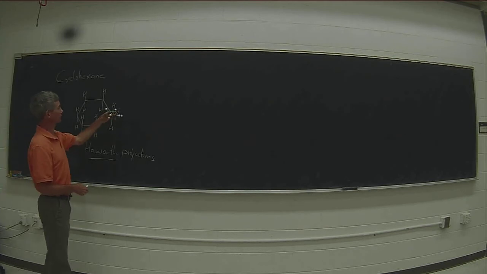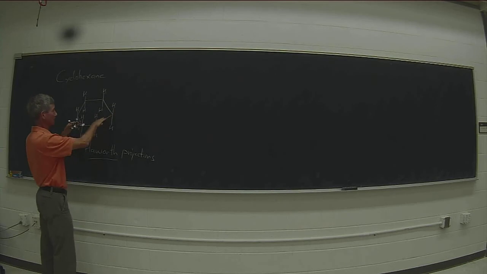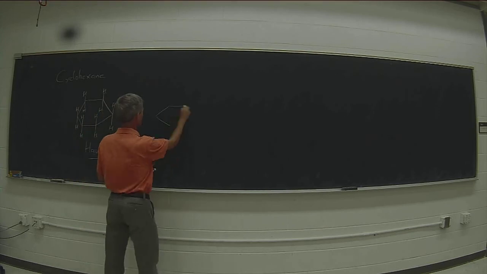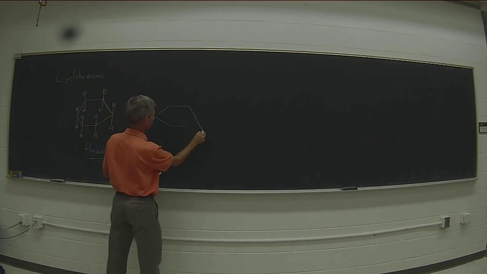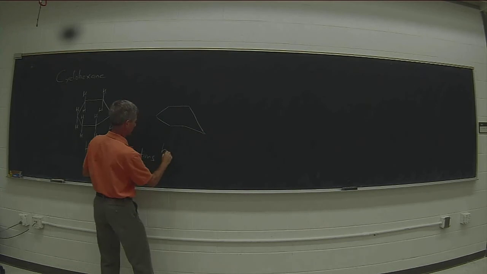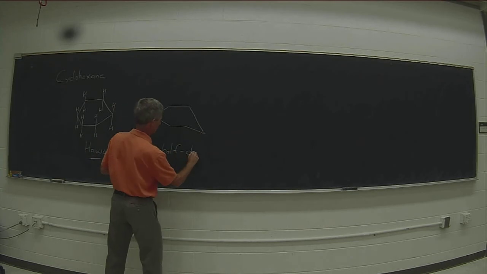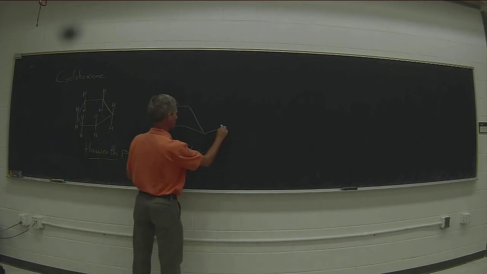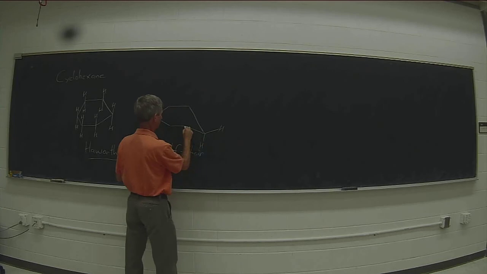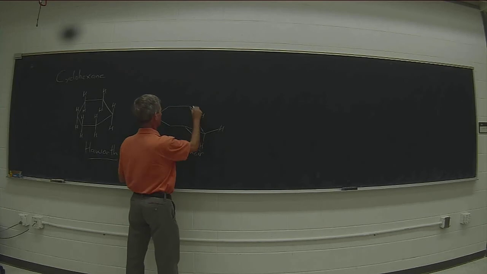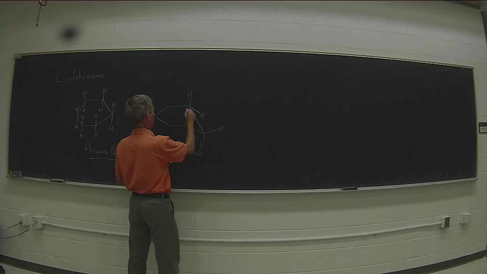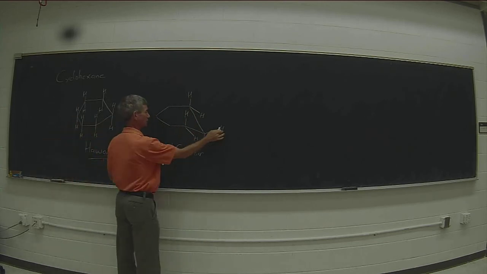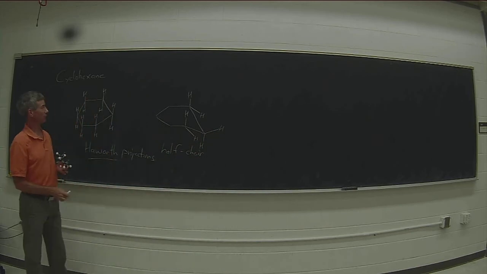So what we're going to do is, instead of having this one in the same plane, we're going to drag that one down and have a structure that looks something like this, which is referred to as a half chair conformation. When we do that, we change the hydrogens on that end carbon so they're no longer equivalent.